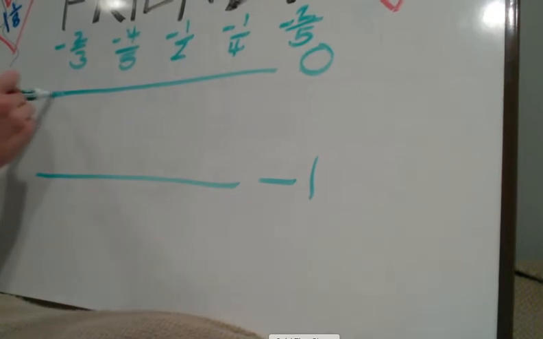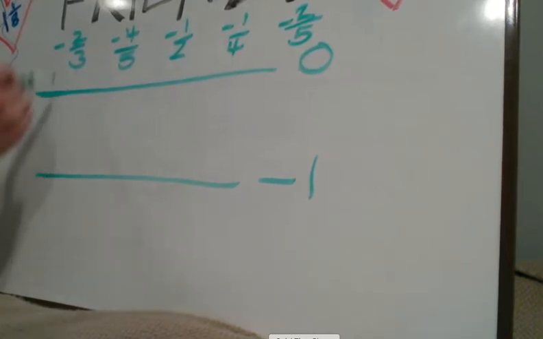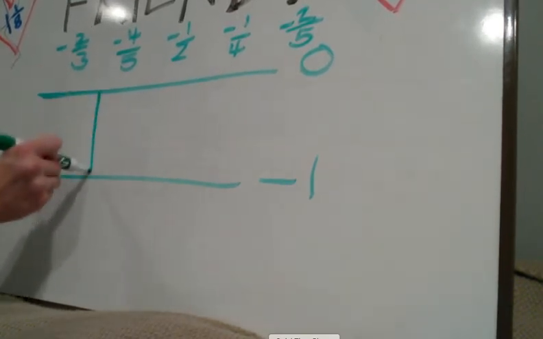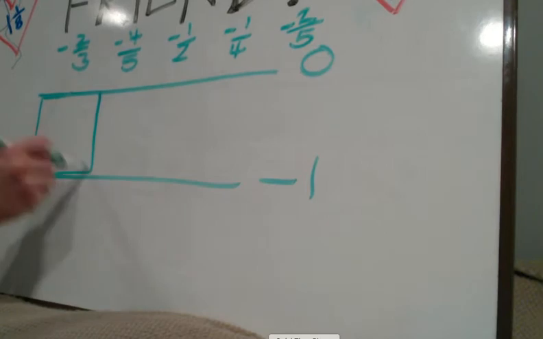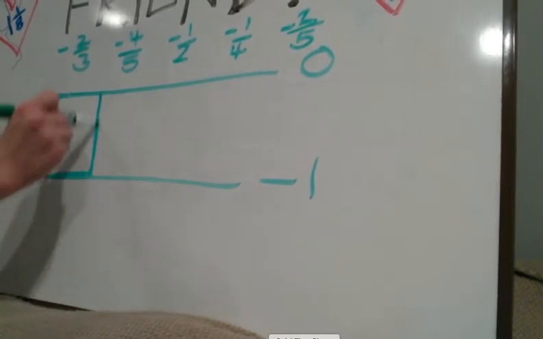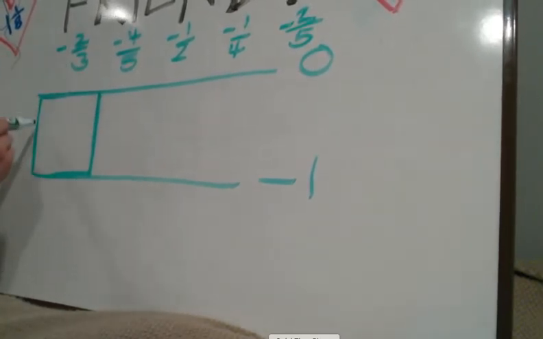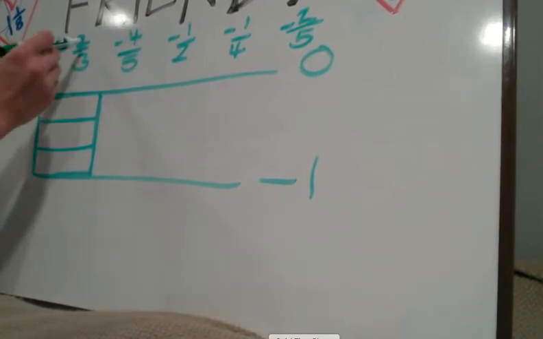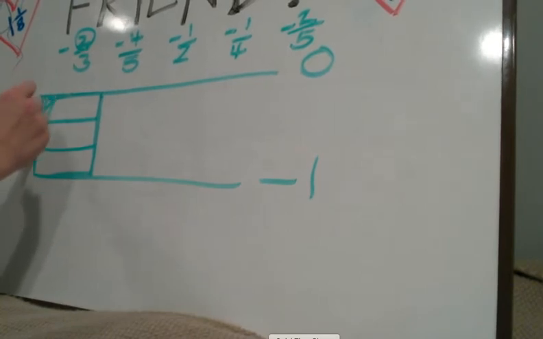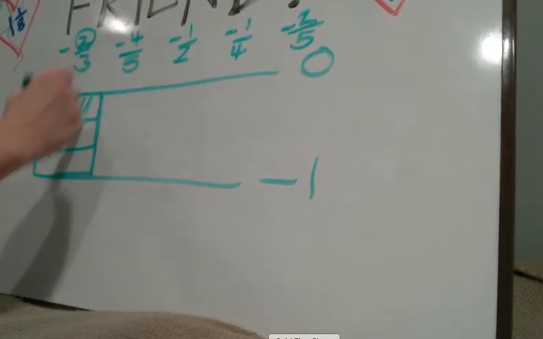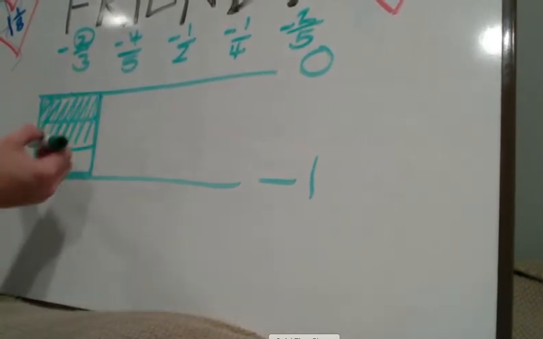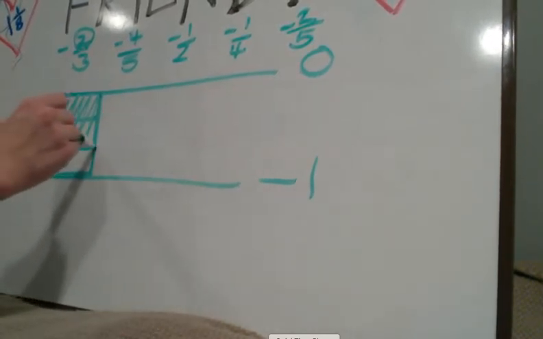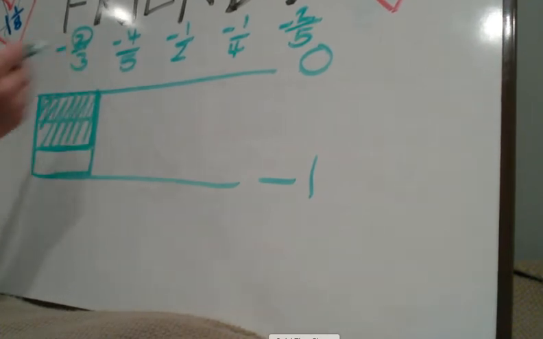Okay, here's 0, here's -1. -2/3 is not quite -1, but from 0 to -1, that's a whole, right? If I divide this into thirds and I shade in 2 out of those 3/3, and the reason I'm going down is because I'm getting more negative, here's where -2/3 would land me.